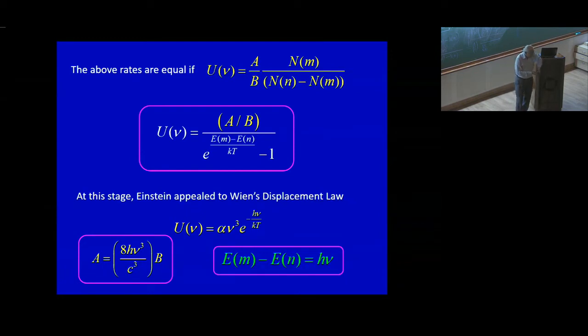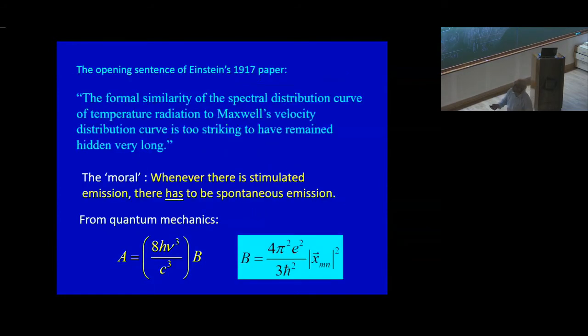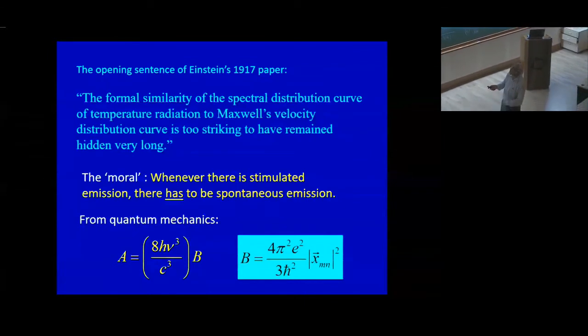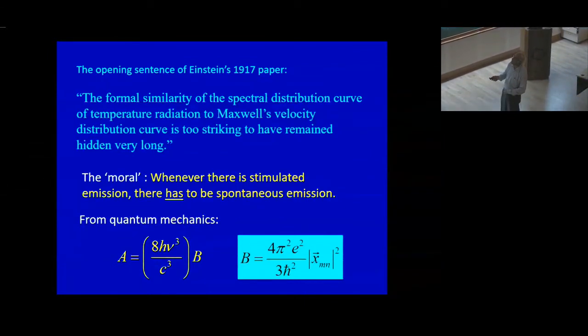And it's truly profound. And his opening sentence of his paper is this: the formal similarity of the spectral distribution curve of the temperature radiation, which is black body radiation, as it used to be called those days, to Maxwell's velocity distribution curve is too striking to have remained hidden very long.